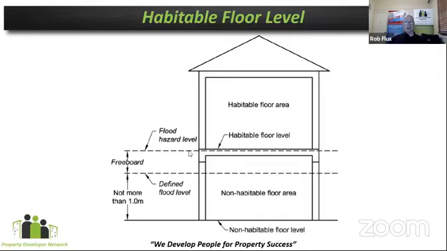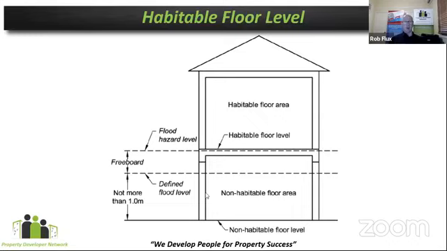And then that becomes your flood hazard level, which typically becomes your habitable floor level. And from that level, you can then have a habitable house that sits on top of that. So those little terminologies that I touched on before, that's kind of how they play out, I guess, diagrammatically, so you can actually see how and where that's going.